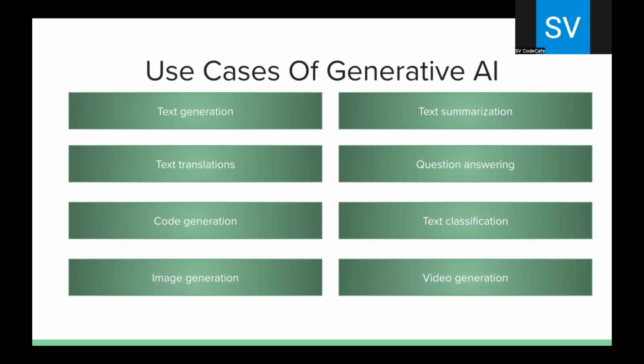And these tasks or use cases performed by generative AI LLMs are based on the user input, which is often called prompts. We will learn what these prompts are and prompt engineering in further videos.